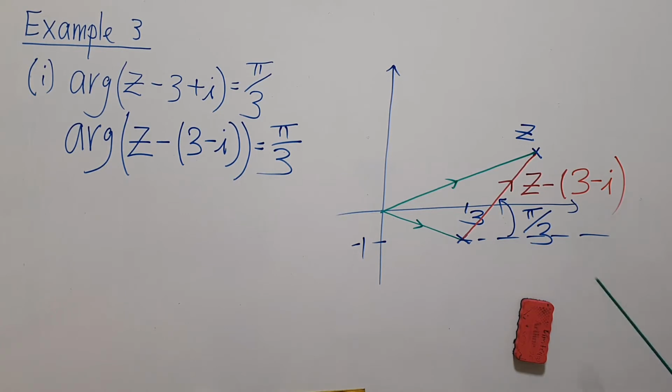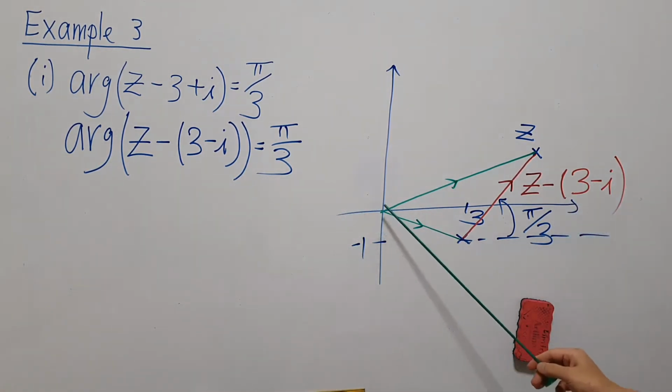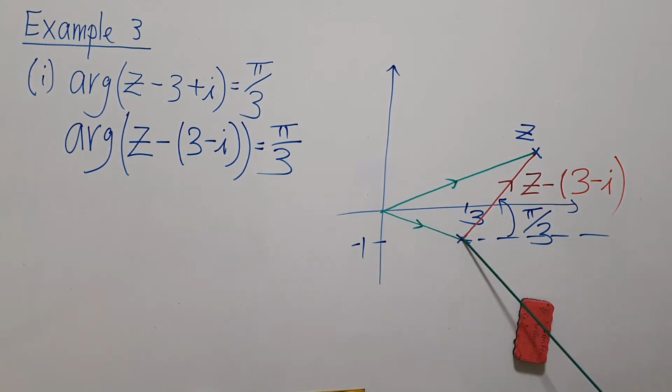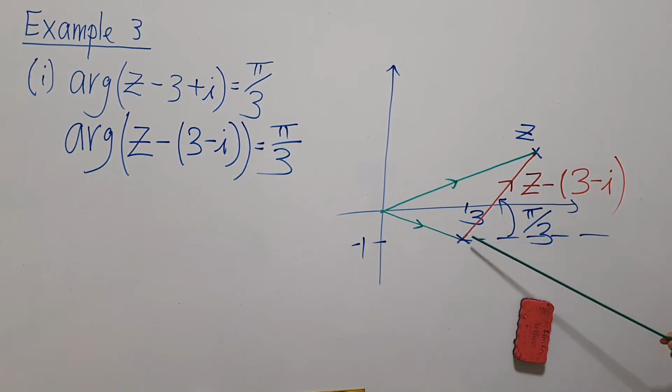to be equal to pi over 3. So for this equation, if my complex number 3 minus i is here, and my complex number z is here, this is the complex number z minus 3 minus i. What the question wants is those complex numbers where this red complex number has an argument of pi over 3.